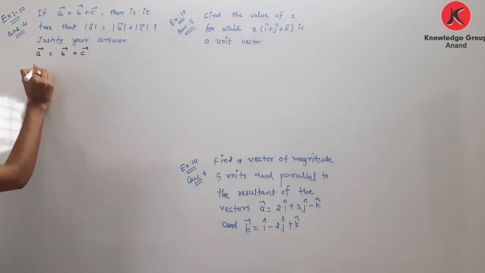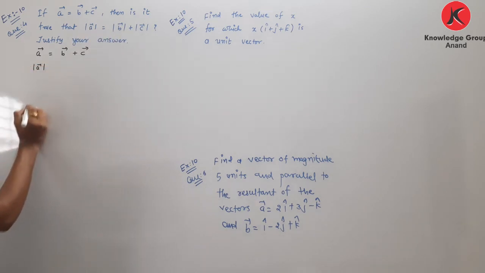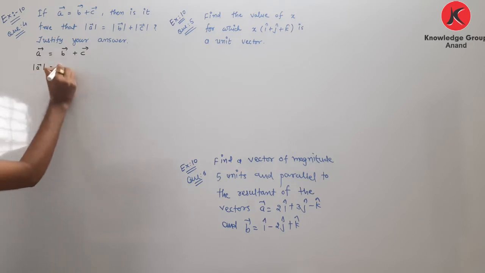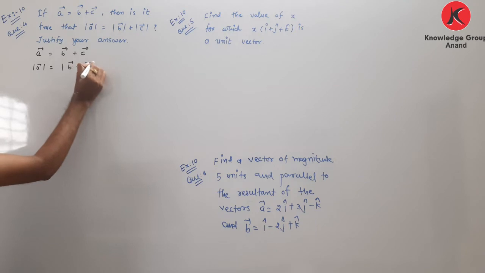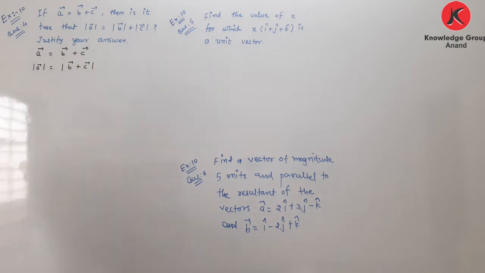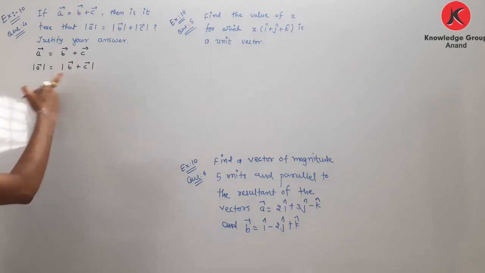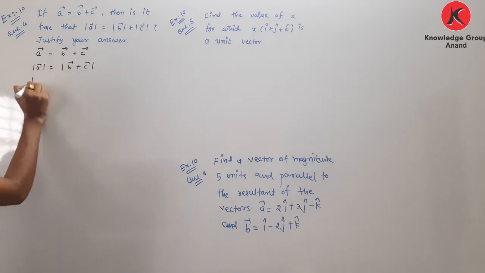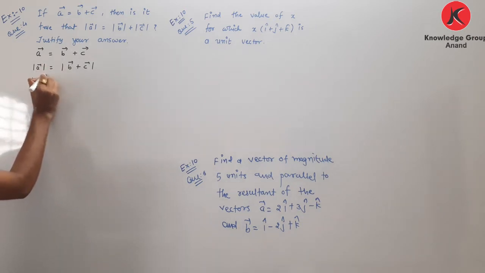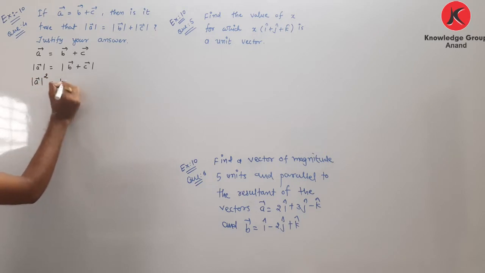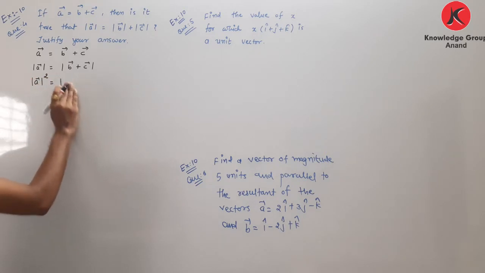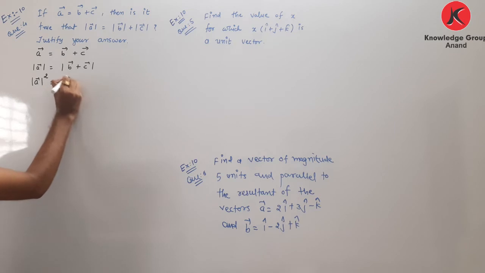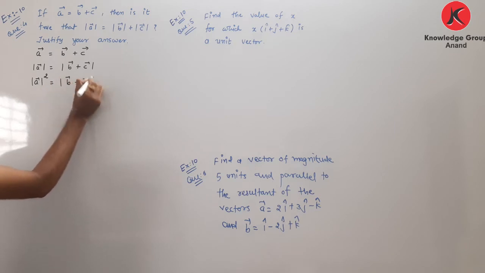Therefore, I am going to discuss the modulus of vector A, which is equal to the modulus of vector B plus vector C. Now, modulus can be expanded by taking the square on both sides. Therefore, I am taking the square: modulus of A square equals modulus of vector B plus vector C whole square.